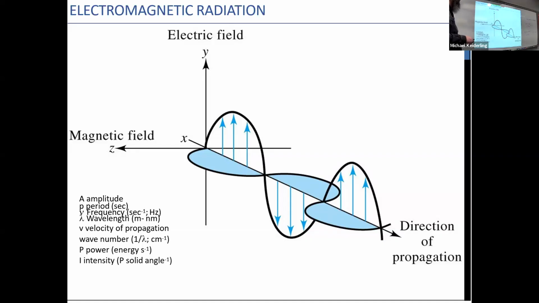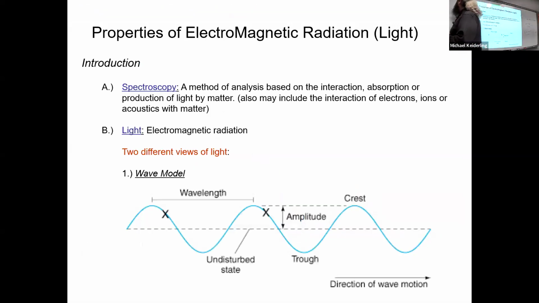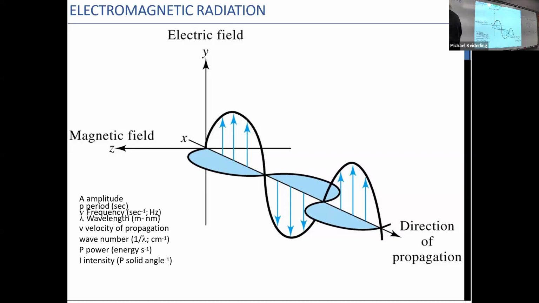There's a period, which is how long it takes for one wave to pass by. More useful is frequency, which is how many cycles per second. There's a wavelength, which is the length of one cycle of distance. And we'll get some formulas that relate those. There's the velocity of propagation, which for light is c, which is 3.0 times 10 to the 8 meters per second.